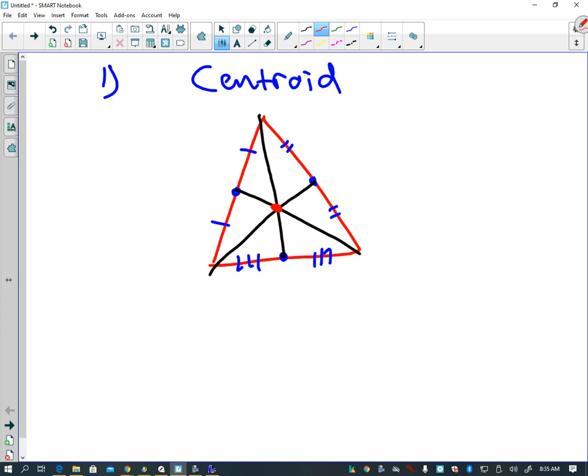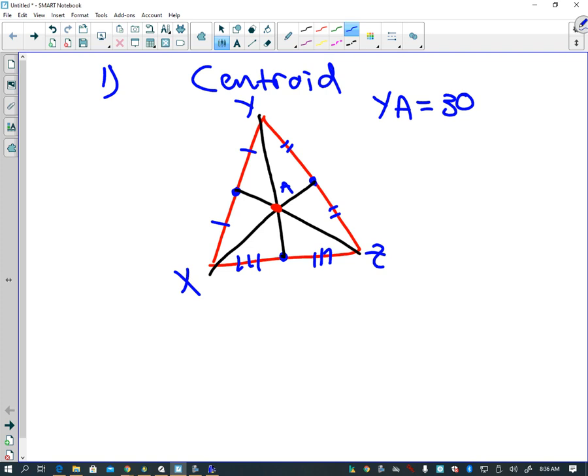Now, they're going to tell you, let's label this X, Y, and Z. Let's call this A. They're going to tell you something along the lines of, let's say, YA equals 30.